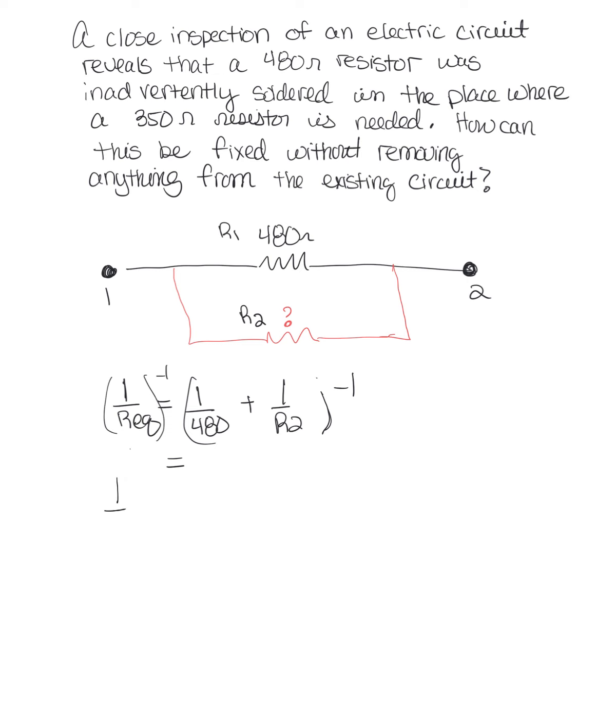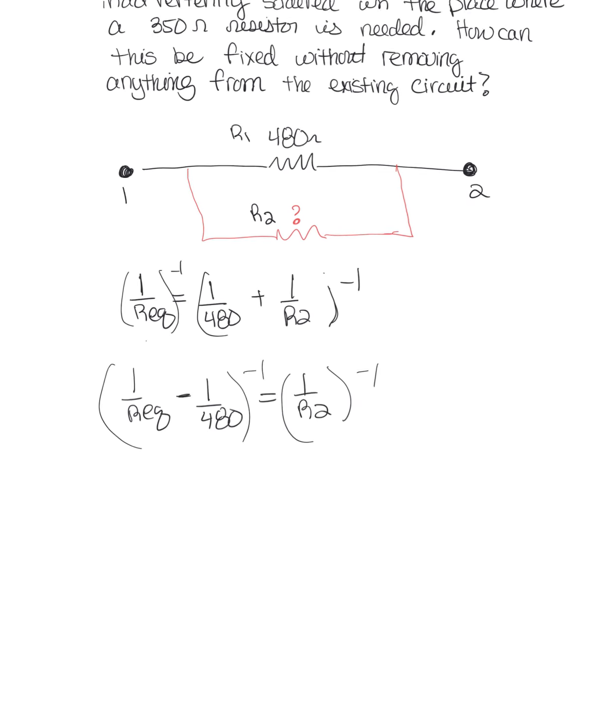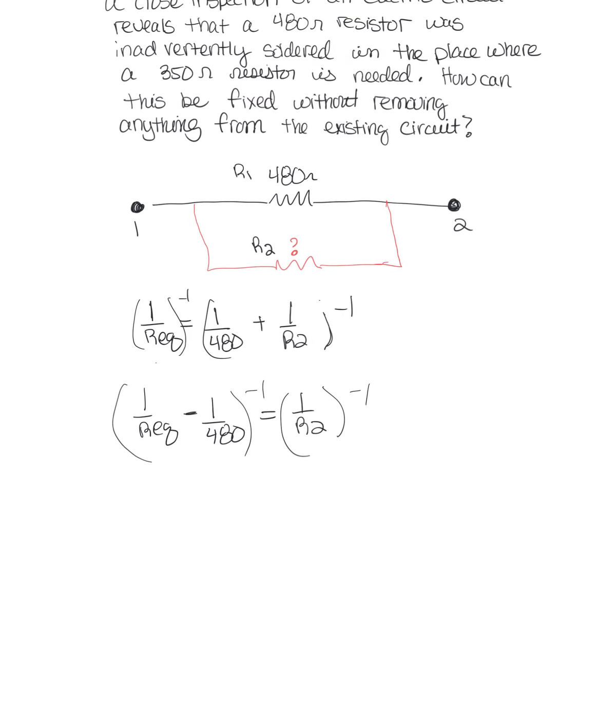Actually, let's do this. 1 over R equivalent minus 1 over 480 equals 1 over R2. And remember, we want our R equivalent to be 350 ohms, so it'll be 1 over 350 minus 1 over 480 equals 1 over R2.